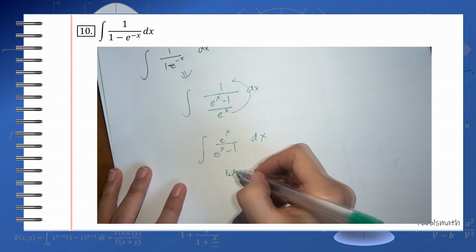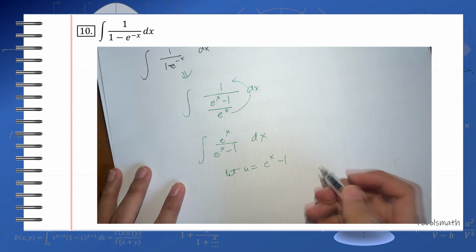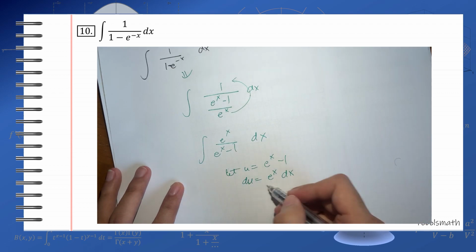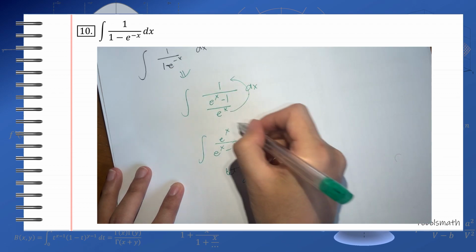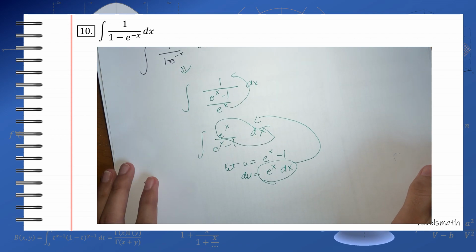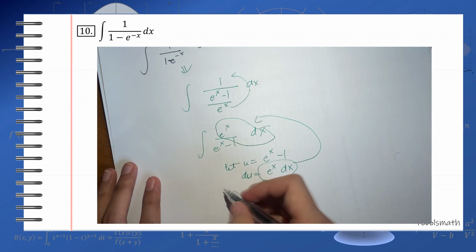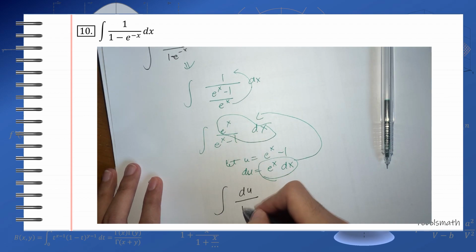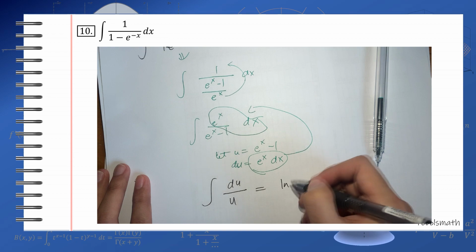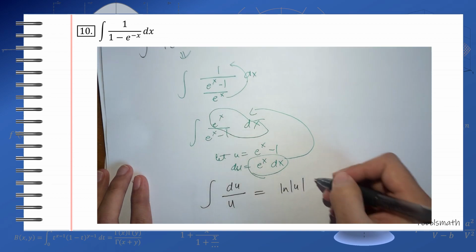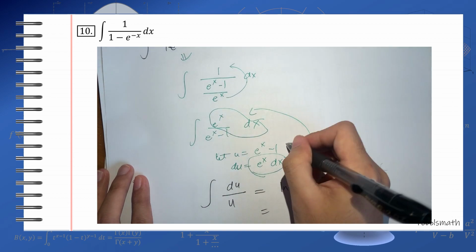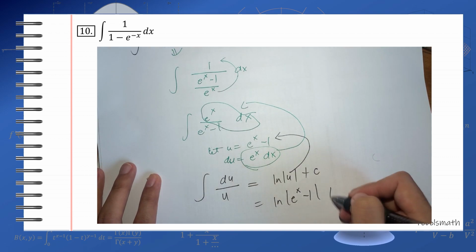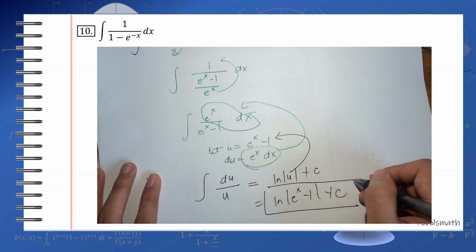If we let u is equal to e to the x minus 1, du is equal to e to the x dx. This thing here is that thing combined. So we are left with du over u, which is ln of the absolute value of u plus c. With u being e to the x minus 1, that's just ln of the absolute value of e to the x minus 1 plus c.